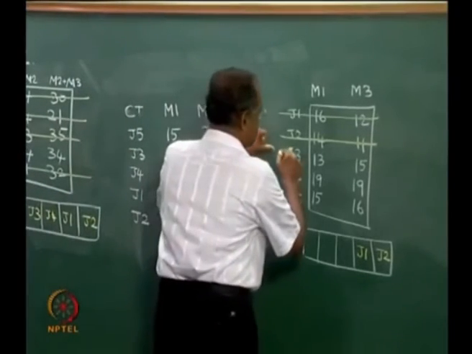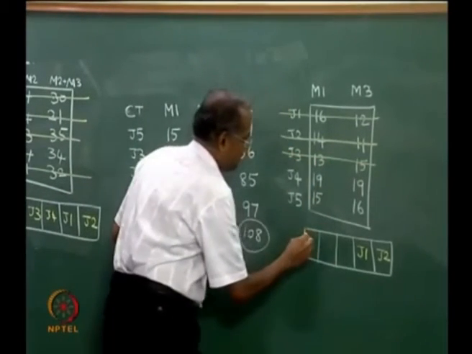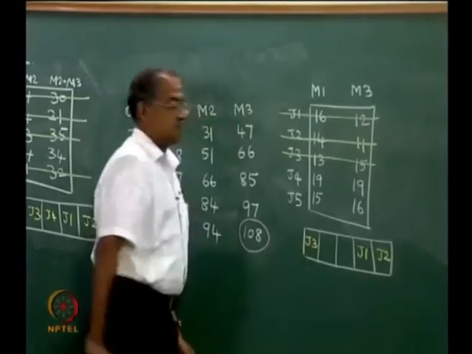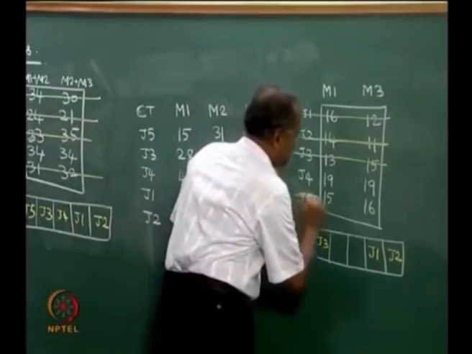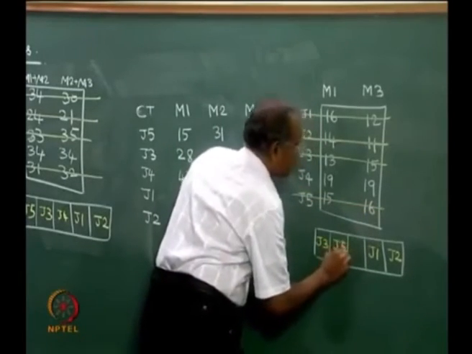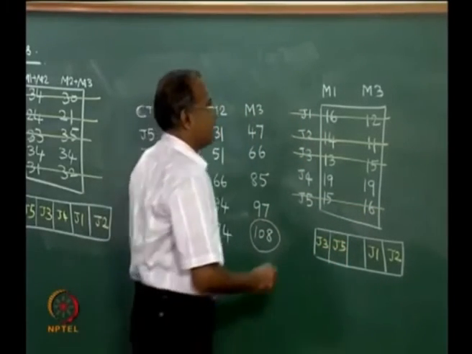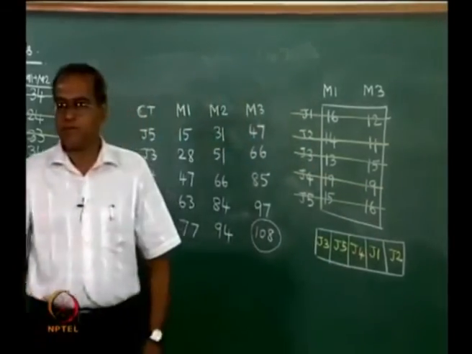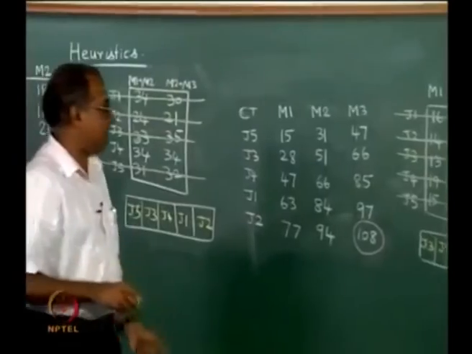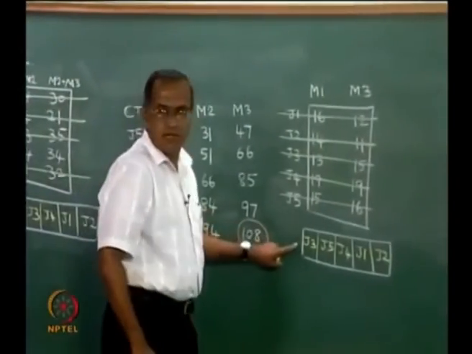The third smallest is J3, which is on the first machine. So, J3 is here. The next smallest is J5, which is here, and then J4 comes here. So, let us quickly find out the make span for this sequence.